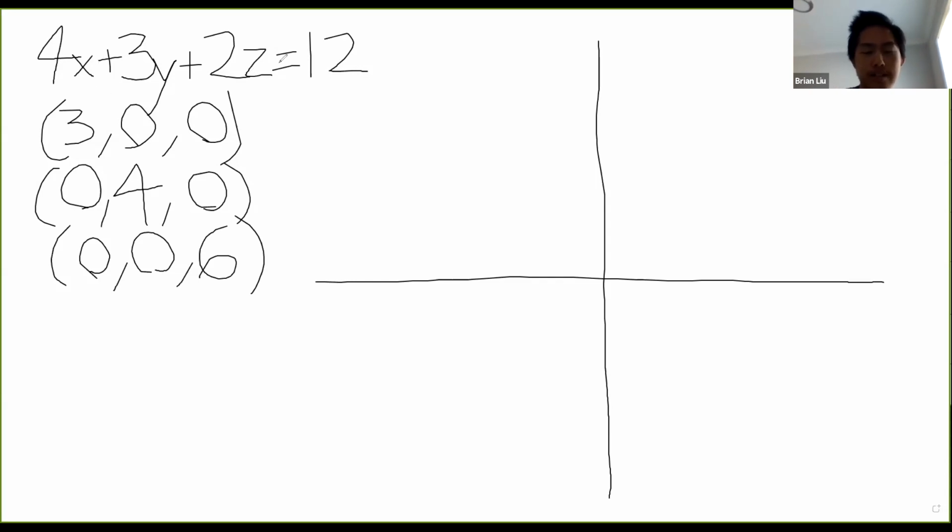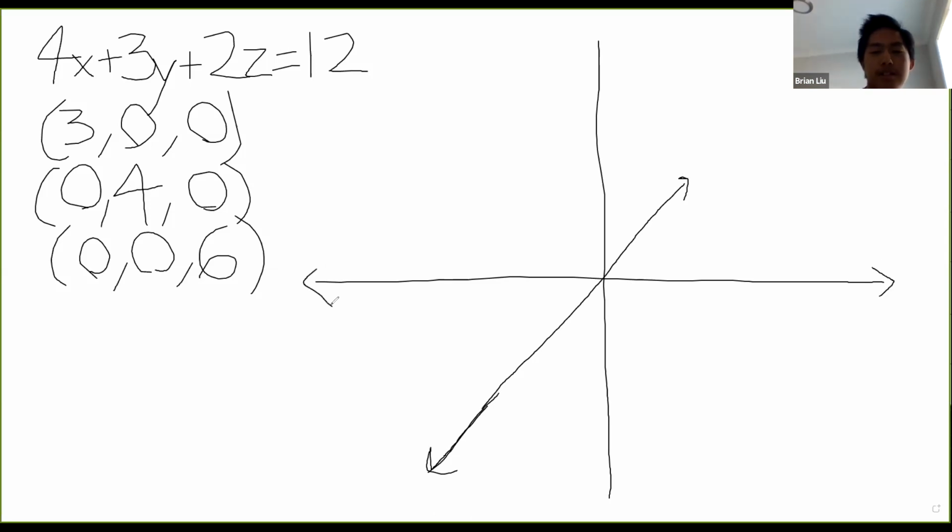So x, y, and z. So start with a line. You have a plane. Now, what's another dimension? We have depth. So it's a little hard to draw on a whiteboard because a whiteboard is basically flat and 2D. But what we can do is go through the origin and just imagine that this has depth.